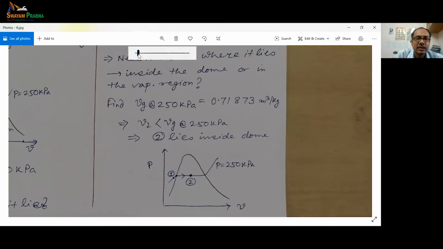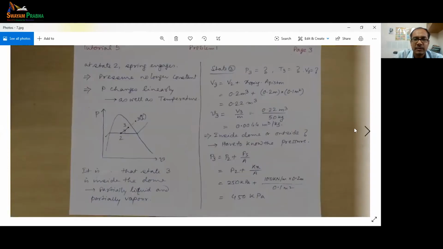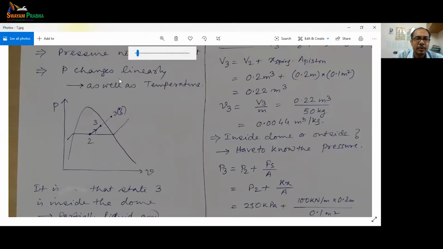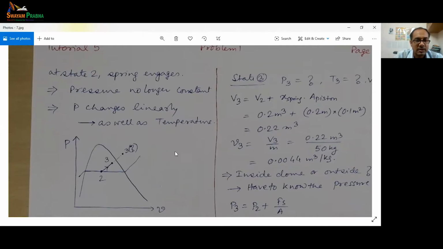Now let's see what happens when it moves further. If the expansion goes on, what will happen? At state 2, the spring gets engaged, right? So pressure is no longer constant, because the spring will apply extra force. For equilibrium, you need to have equal pressure, so pressure will increase.